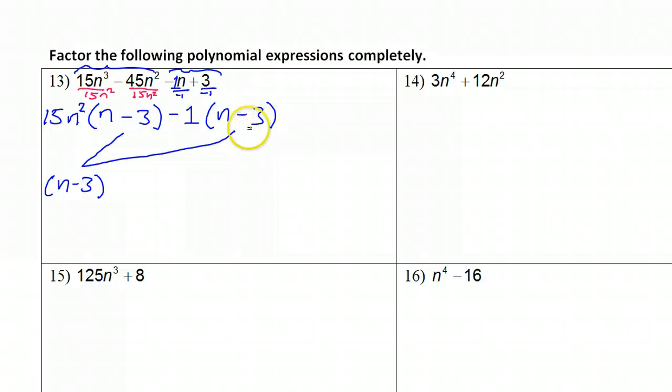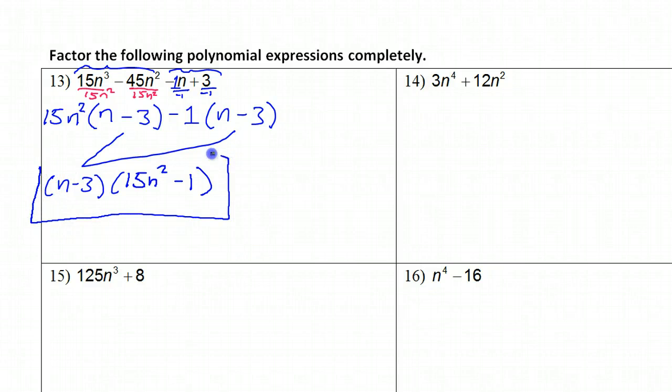Once these are pulled away, that's going to leave behind the 15n squared and the -1. In this particular case, that will be the end. 15n squared does not factor any further.